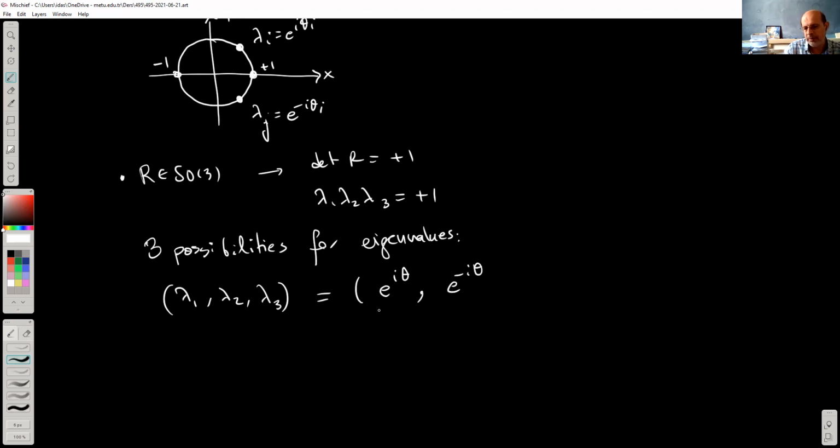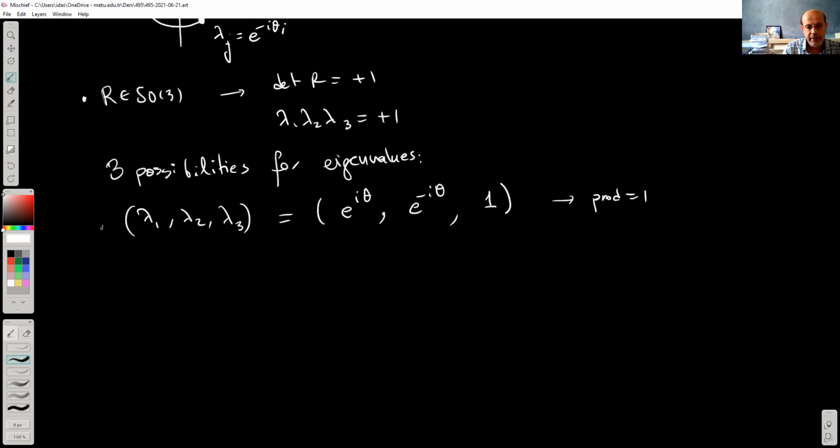So if lambda 1 is this, then lambda 2 would be that one, which means that the last eigenvalue can only be equal to +1. Because only in that case is the product equal to 1. Because already the product of these two eigenvalues is equal to 1, so there's only one possibility for the last eigenvalue.